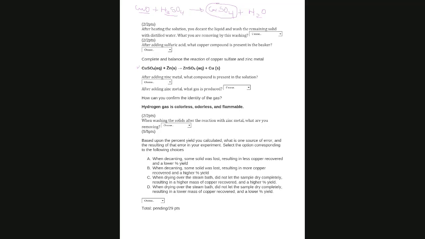So if you add zinc to the copper sulfate, yes, thank you, exactly. In the solution, we are going to have two things: a solid, which is the copper, and the solution of zinc sulfate. We said that we won't stop until it's clear, because the copper sulfate solution was blue, and this one has no color.